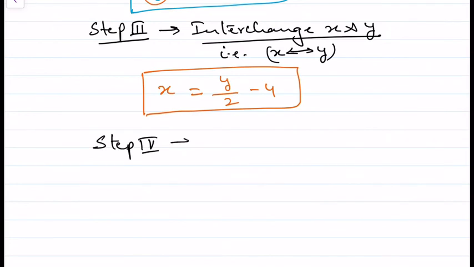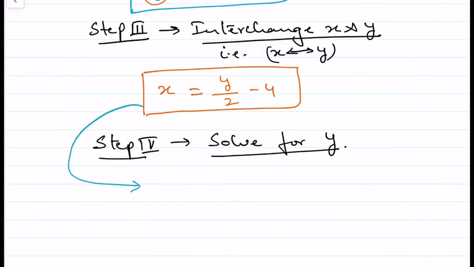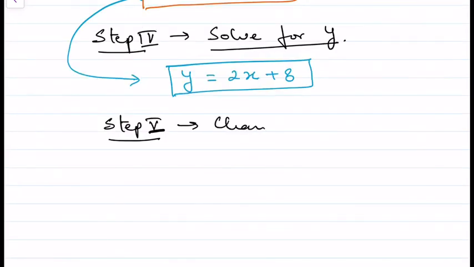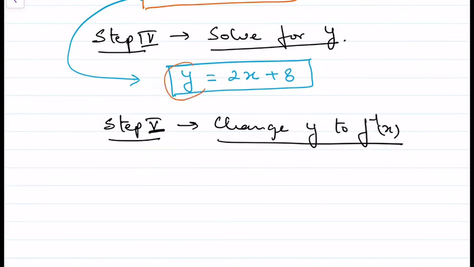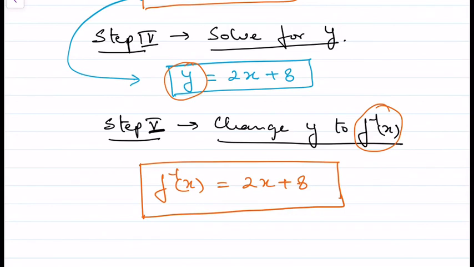Now in step 4, solve for y, and if we solve this equation for y, we will get y = 2x + 8. Now in step 5, change y to f inverse x. So replace y with f inverse x and we will get f inverse x = 2x + 8. So these are the 5 simple steps to find the inverse of any function f(x).